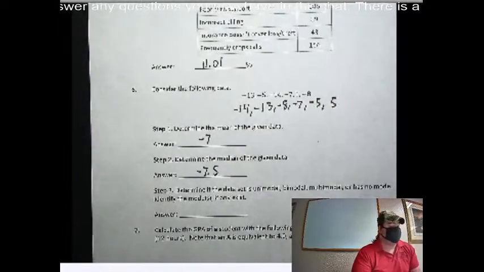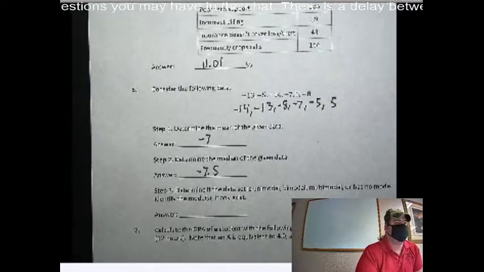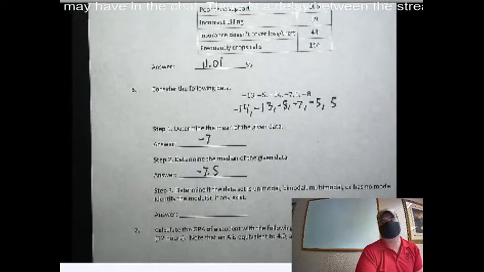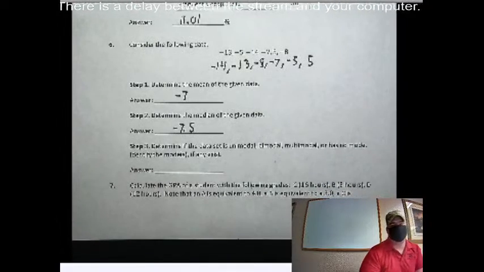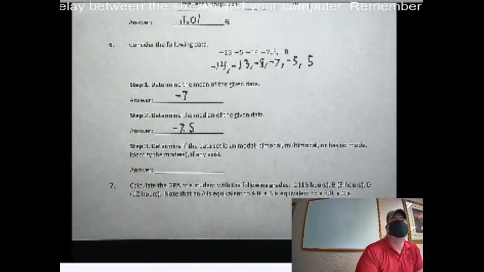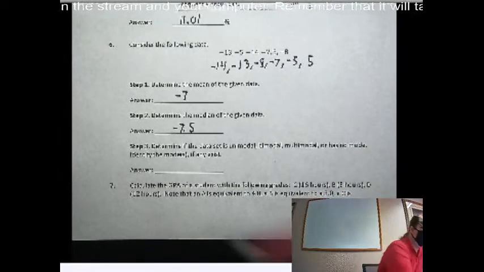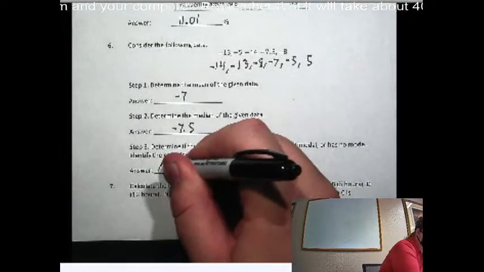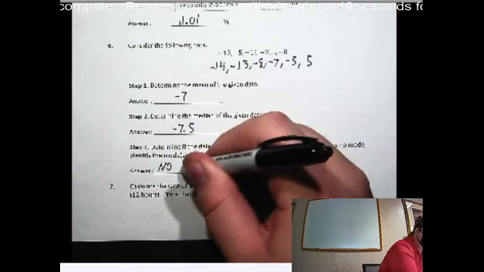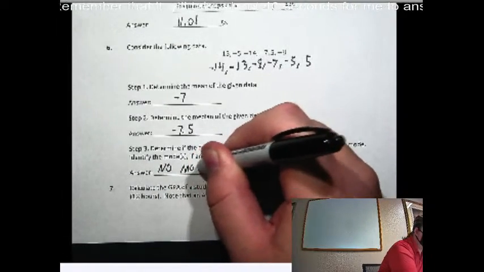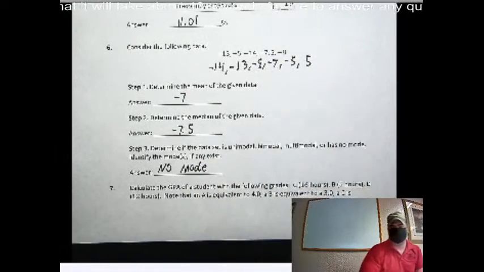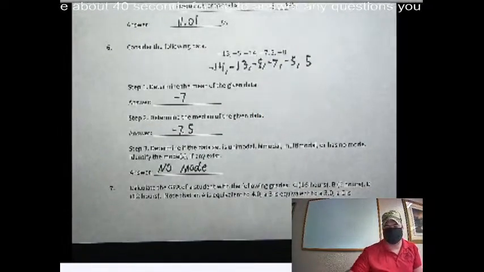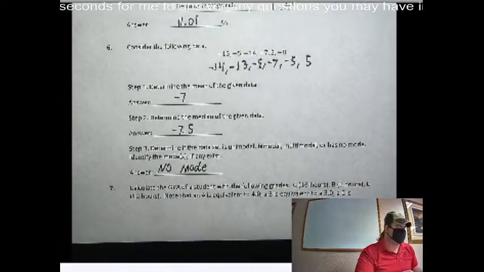Good. And then what is our mode, if we have one? Yeah, there's no mode here. In order for us to have a mode, we have to have a number that repeats. Well, none of these numbers repeat. So there is no mode. Excellent, excellent. Okay, next.